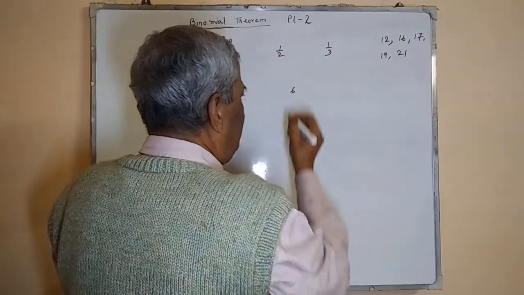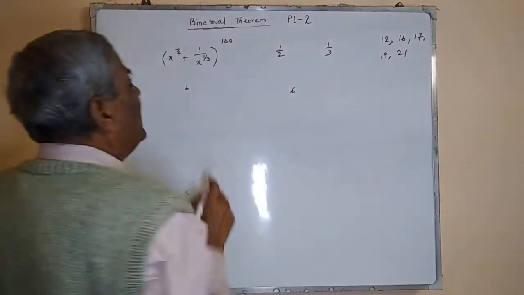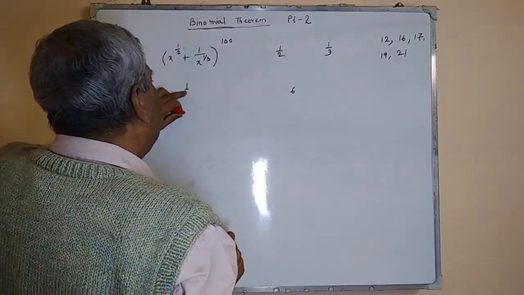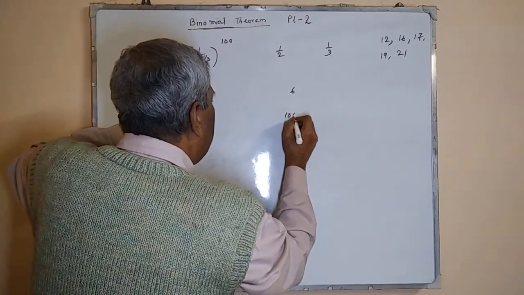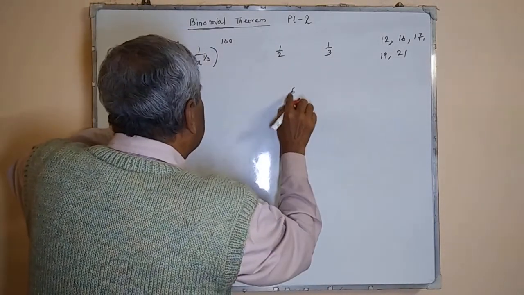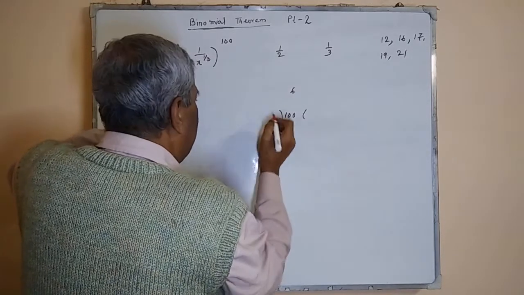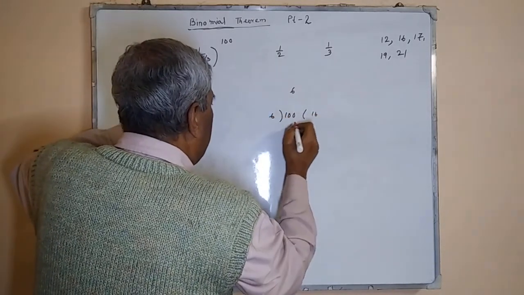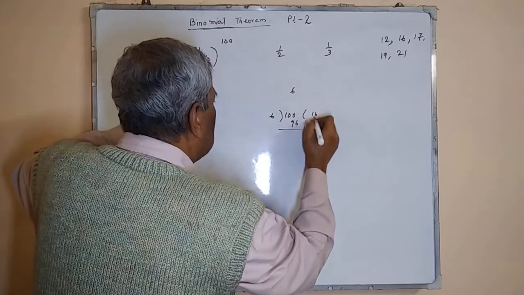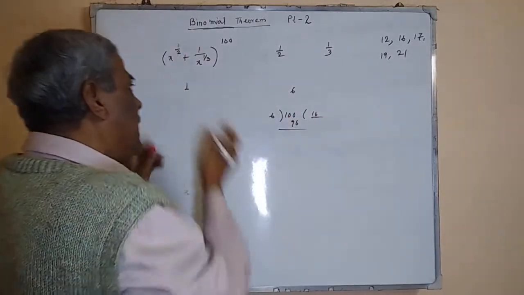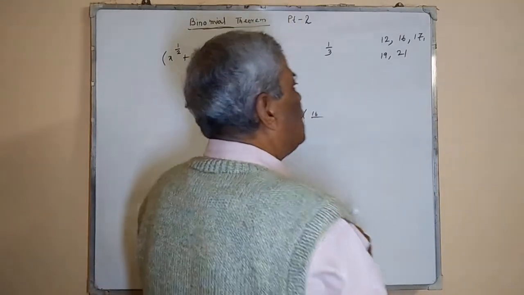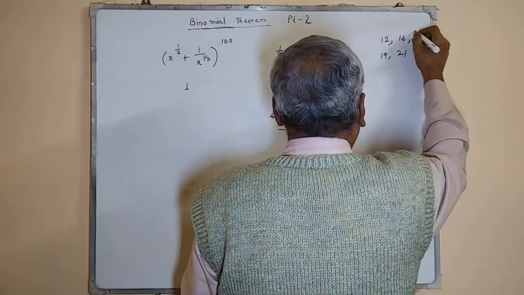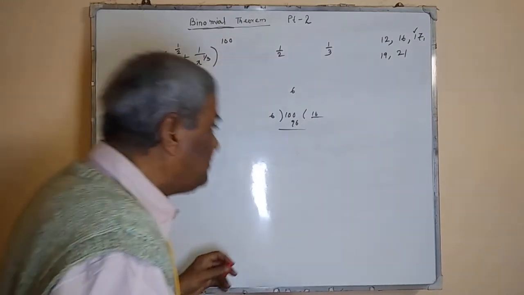There are 101 terms and the first term contains this. So 100 divided by 6, that's 16. So 16 terms plus the first term, that is, there are 17 terms which contain integral power of x. So this is our answer.